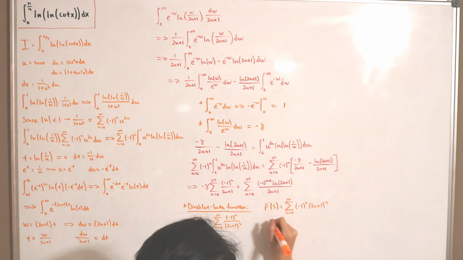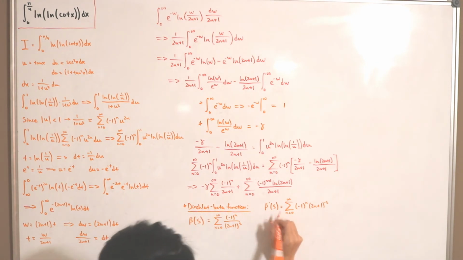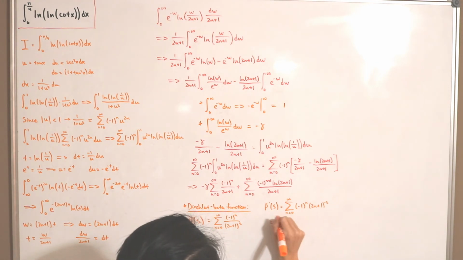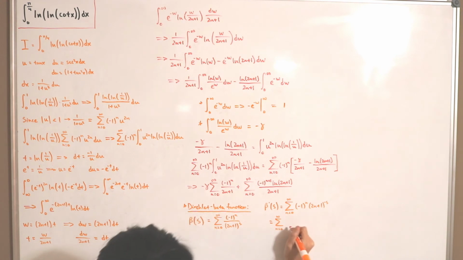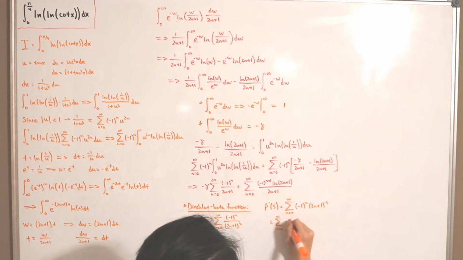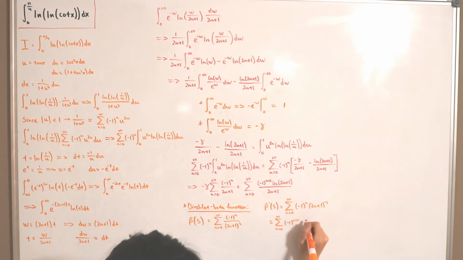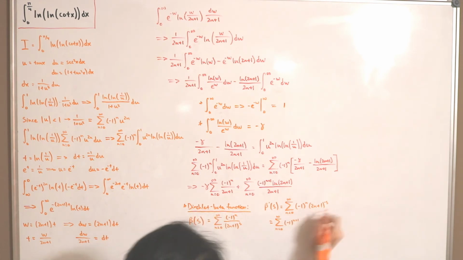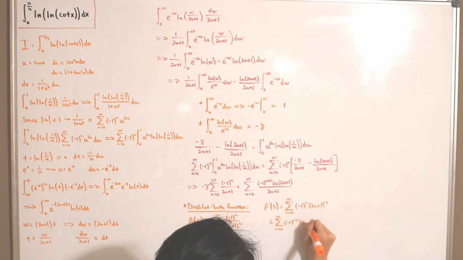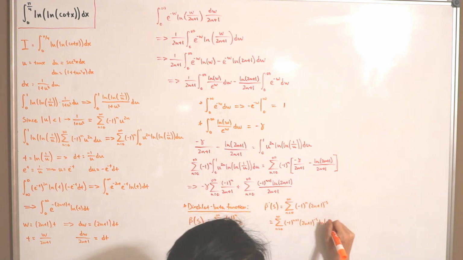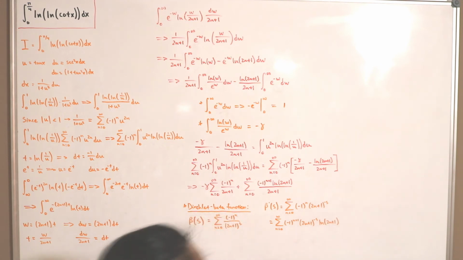Then that means if I were to take the derivative, this will be the infinite sum, n equal to 0, of negative 1 quantity n plus 1. This will remain the same, but we also have to multiply with the natural log of 2n plus 1.